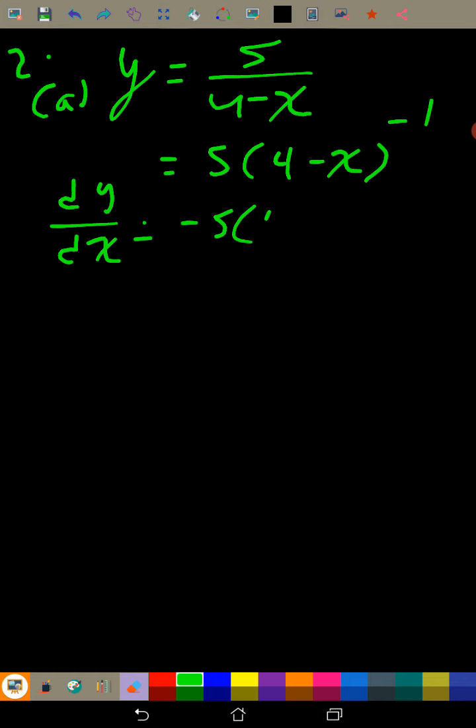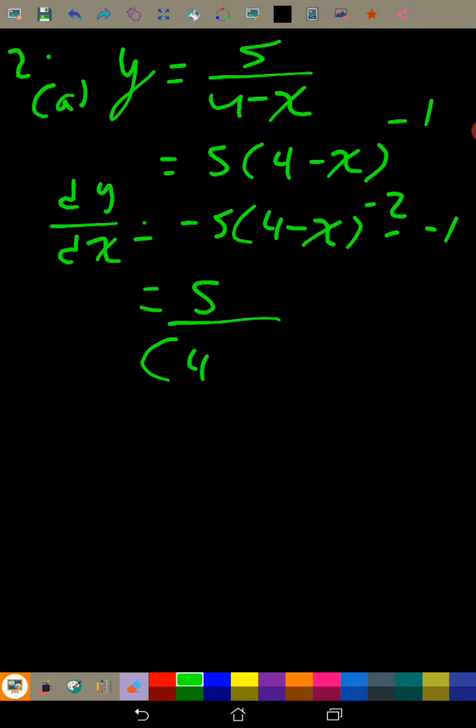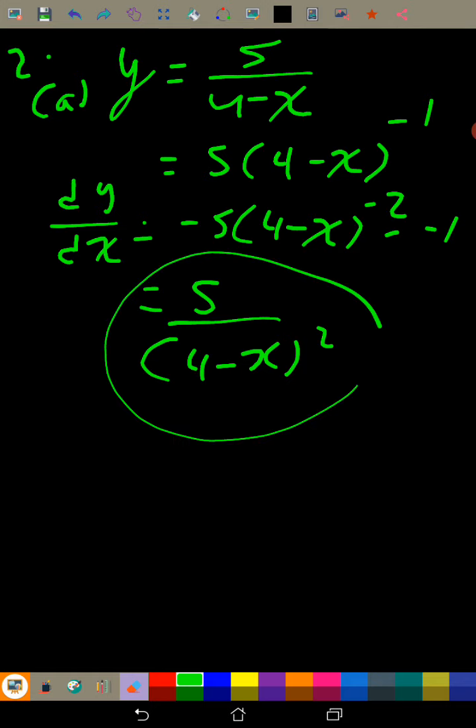Minus 5, 4 minus x, times minus 1, this is 5 divided by (4 minus x) squared. I think we don't have problems here, at least from what I see. Therefore, we don't have problems with such an equation.